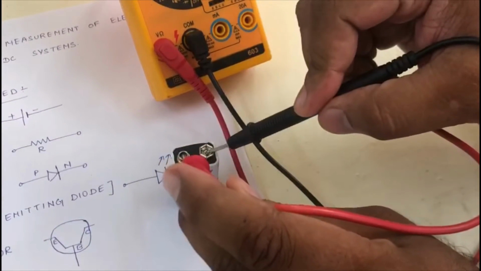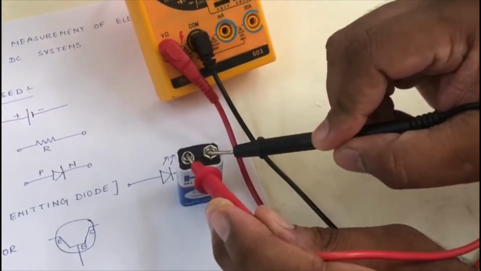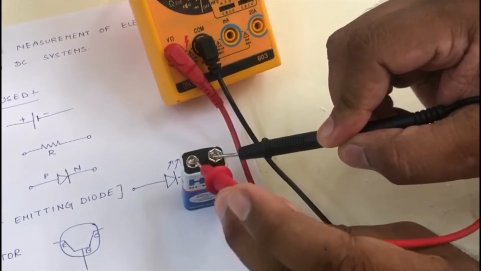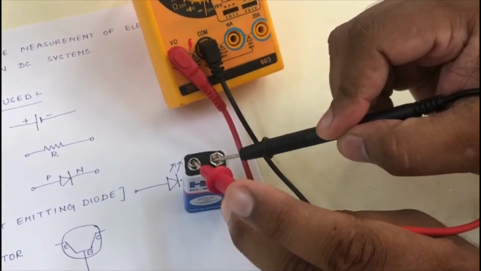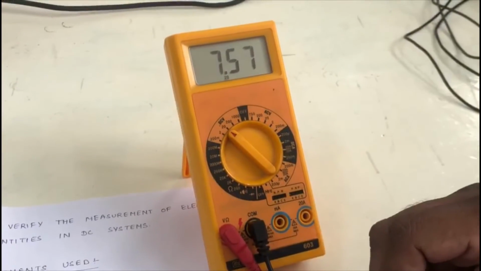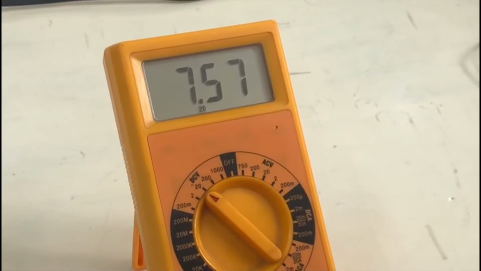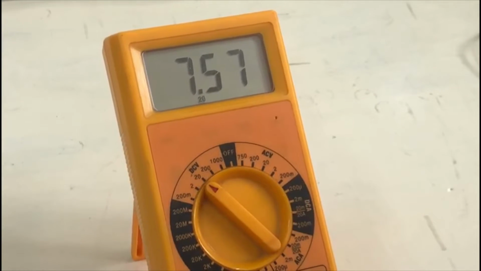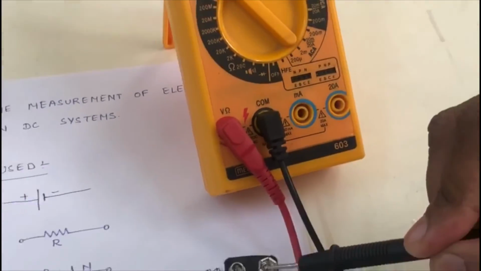These are the negative and positive terminals. You can see our red lead is on the small port and the black lead on the big port of this battery. The actual value is 7.57 volt. That is the measurement of our battery.